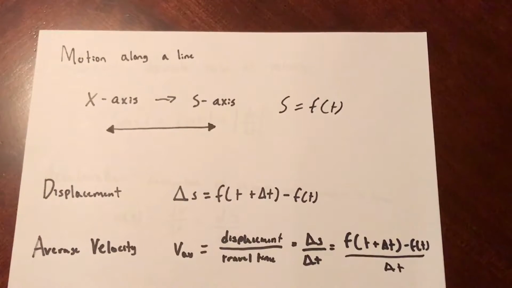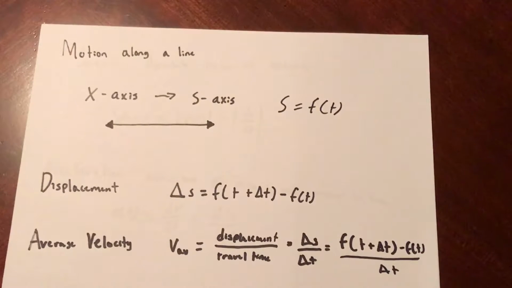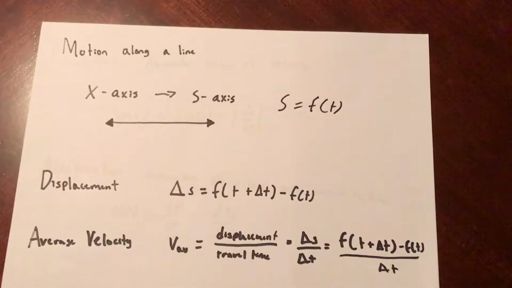The displacement of the object over the time interval from t to t plus delta t, I think that triangle is called delta, is delta s equal to f of t plus delta t subtracted by f of t. That also leads us to the average velocity.